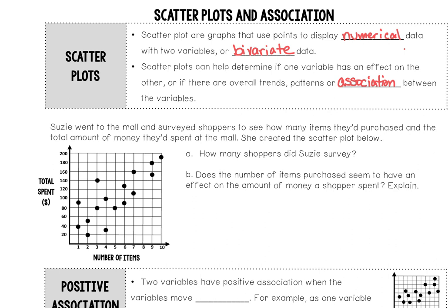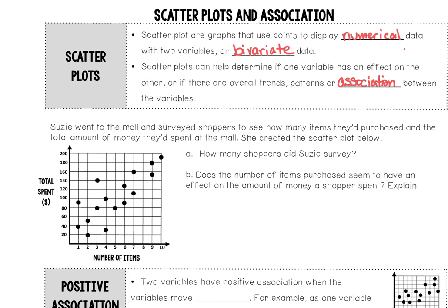So there's two questions. A, how many shoppers did Susie survey? Okay, so if we look here, we know how many shoppers she surveyed by the number of dots she plotted. So we're going to go through and count how many dots she plotted.